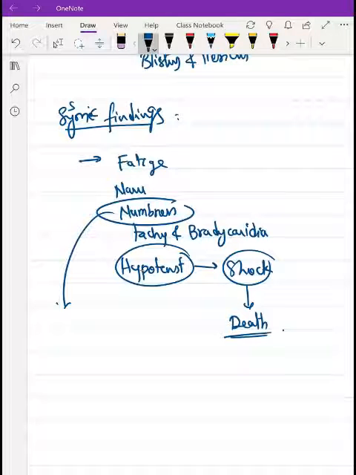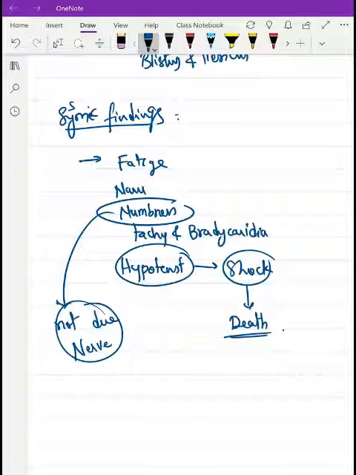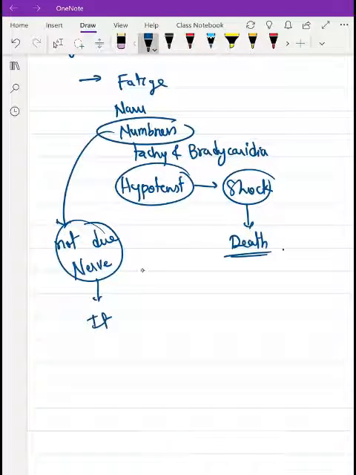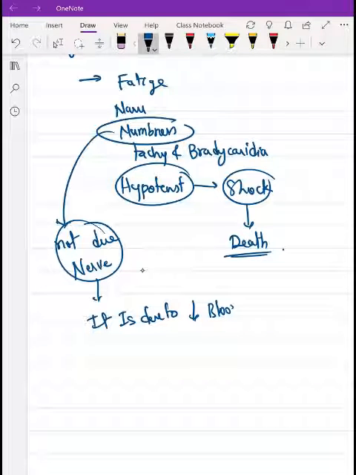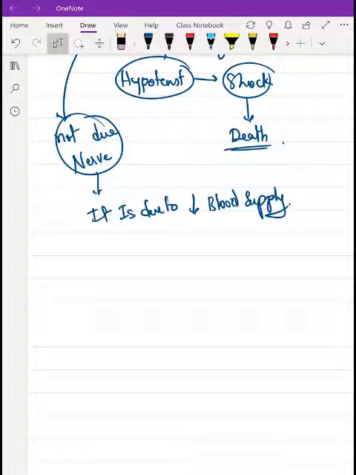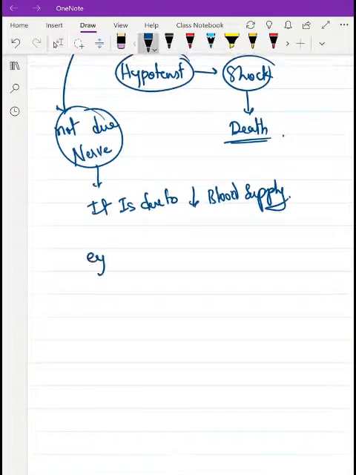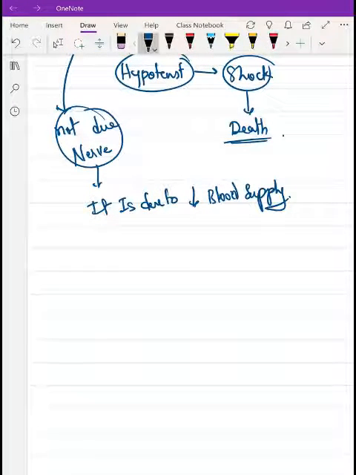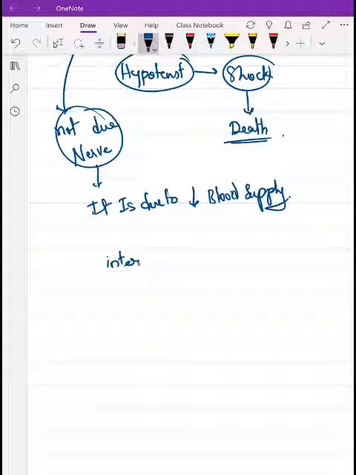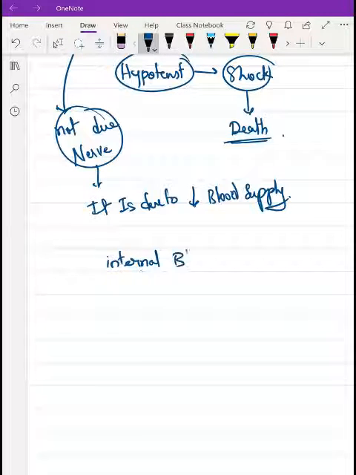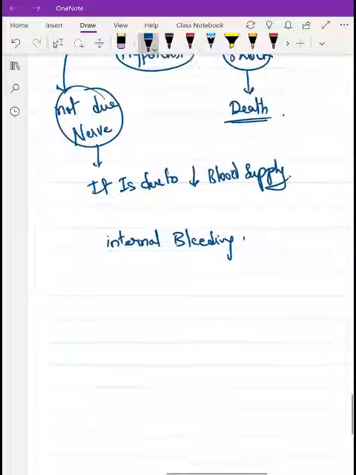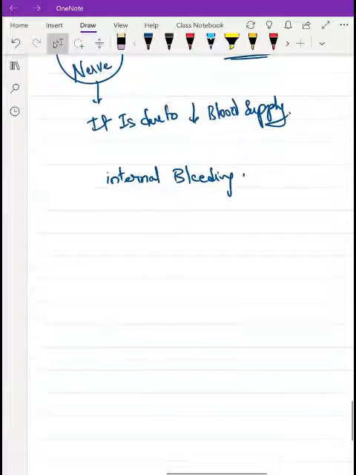Here the numbness is not due to nerve involvement. It is due to decreased blood supply. As there is disruption in the coagulation pathway, internal bleeding can also occur.